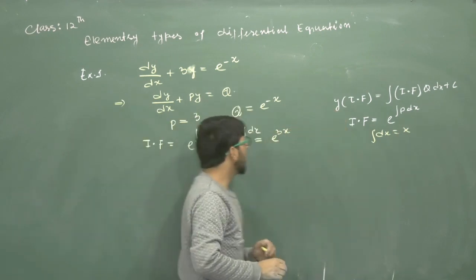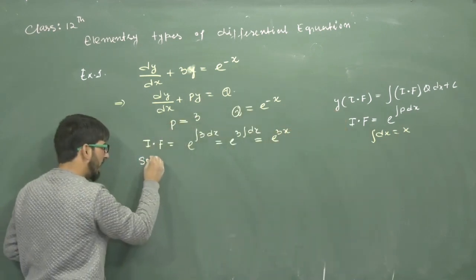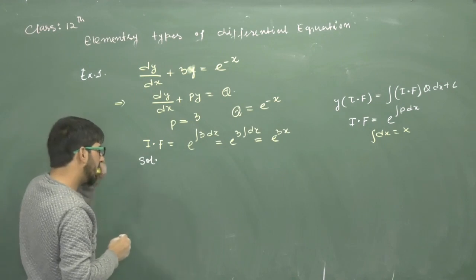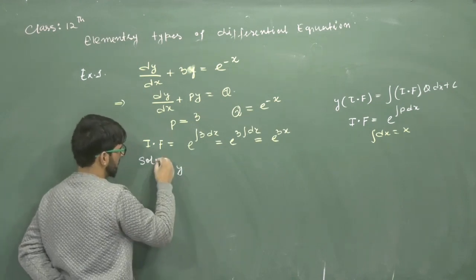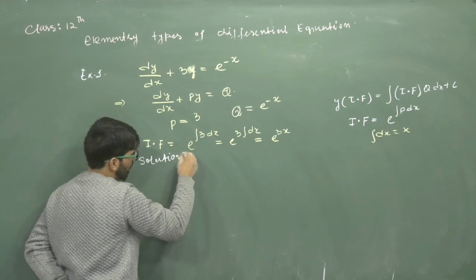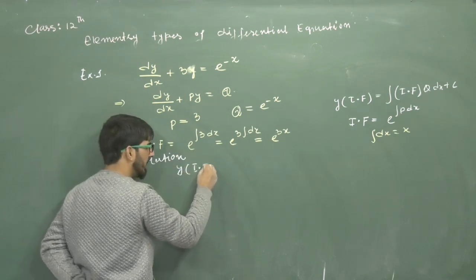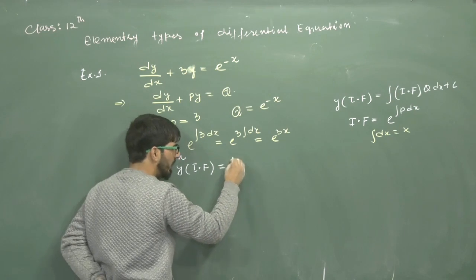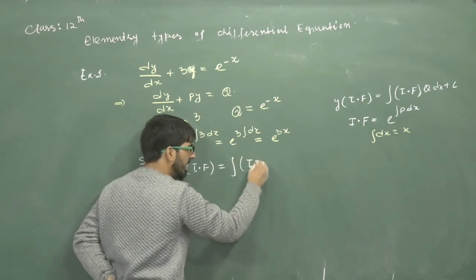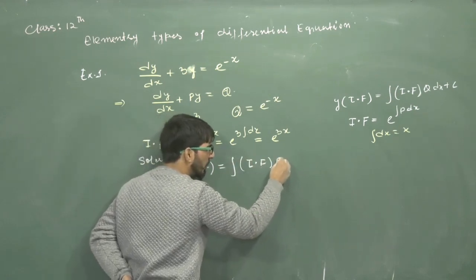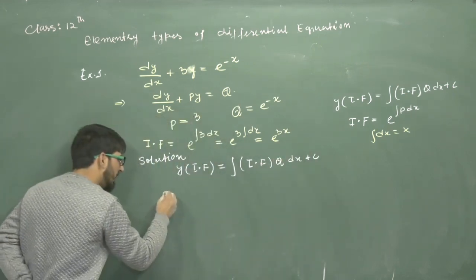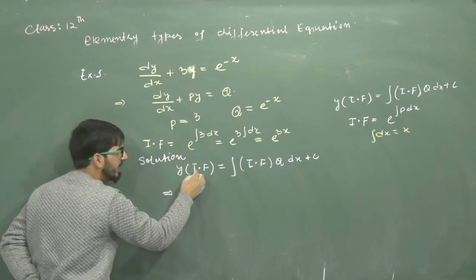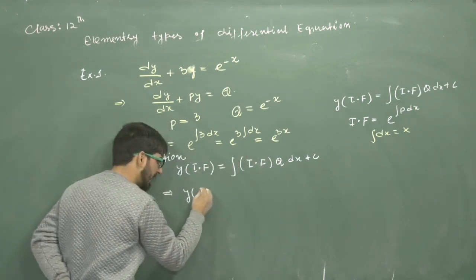So the solution will be, as we know, the solution of linear differential equation is y into integrating factor is equal to integral of integrating factor into q dx plus c. So which implies y, what is the integrating factor here? e raised power 3x.